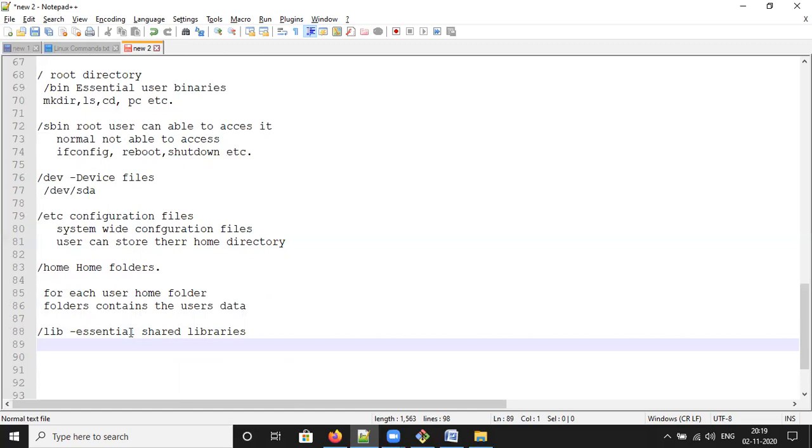And any libraries needed by the binaries in the /usr/bin folder are located in /usr/lib. Jar files, and any other required things for user libraries and shared libraries are also there.